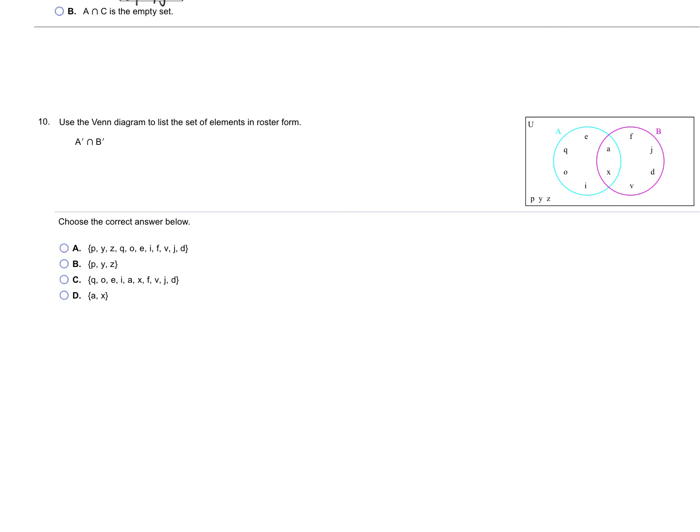That means what is not in A and what is also not in B. Okay, so first let's look at A complement. That means everything that's not in A. So it means everything that's not in the blue circle is going to be in A complement.